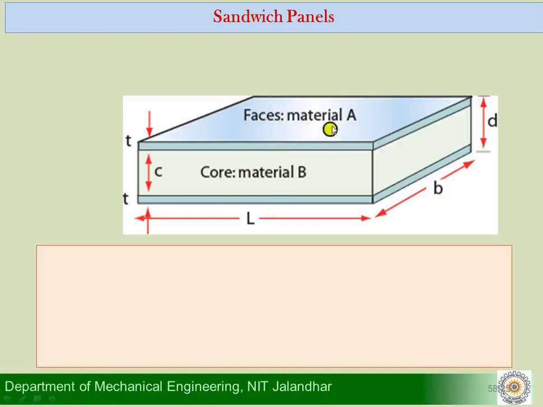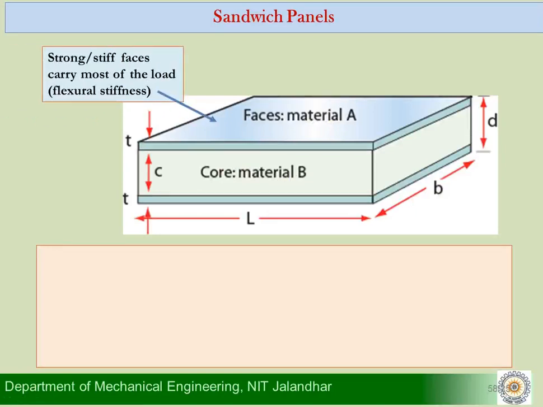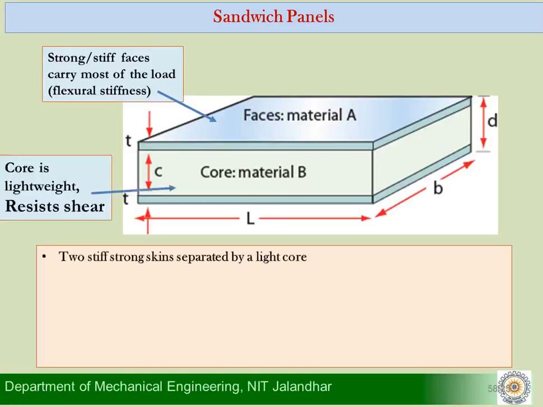The faces which are represented here are made of material A, and there is a core which we are saying is material B. So traditionally the faces are made of strong and stiff material, maybe a metal or a CFRP, and the core itself is made up of lightweight material.